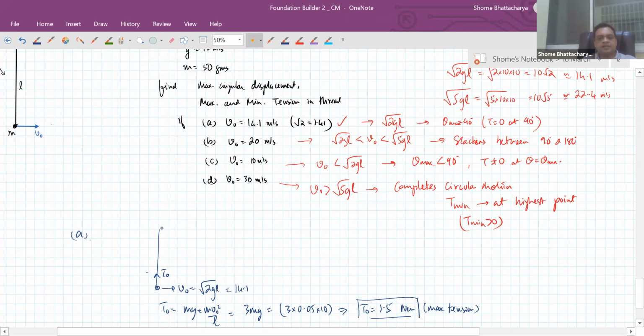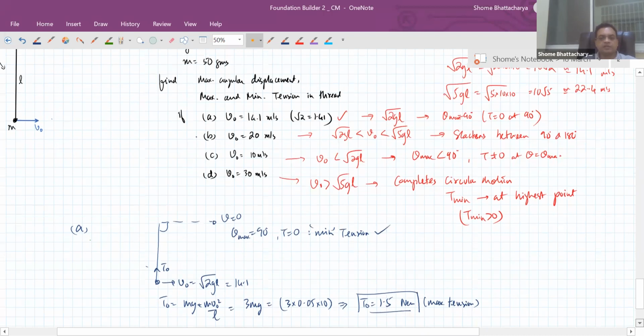Then when it reaches the 90-degree position here, speed will become zero and tension will become zero. So this is the minimum tension. Okay, so this part was easy. Now let's come to the second part. We are giving a speed of 20 meters per second.